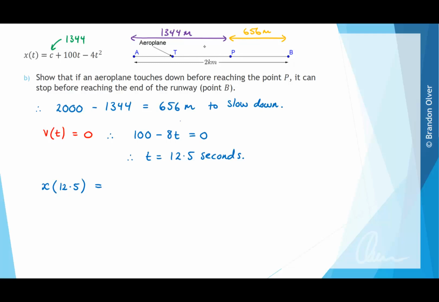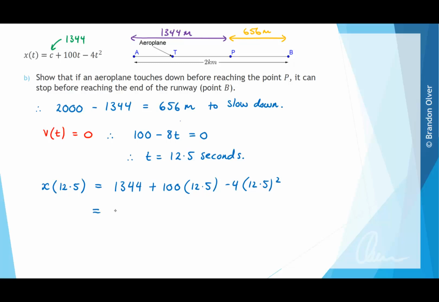So we could land the plane before P, but even if we land at the point P, at the most it's going to be 1,344 meters down the track. So we're going to say that the position is going to be 1,344 plus 100 times 12.5 minus 4 times 12.5 squared.